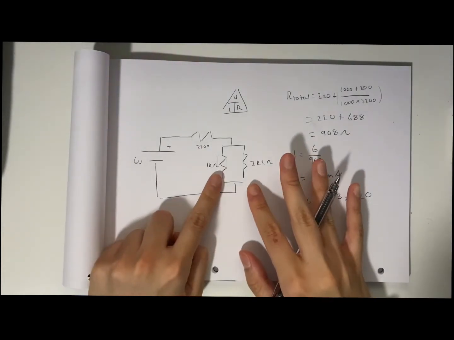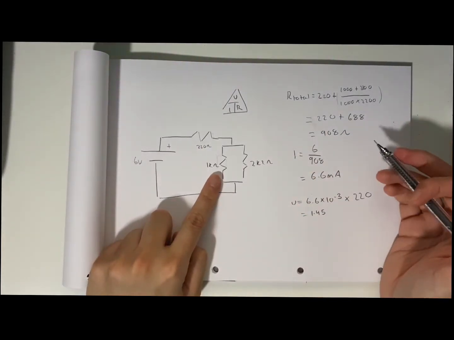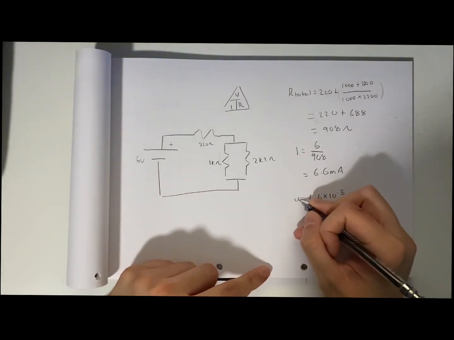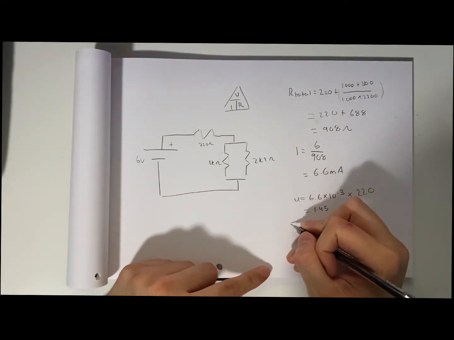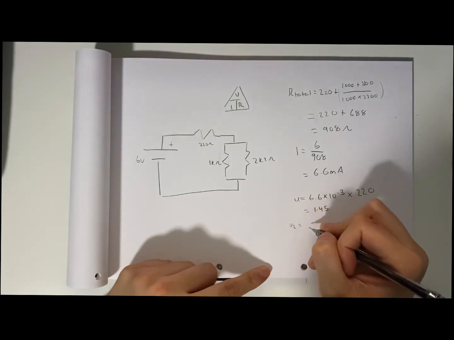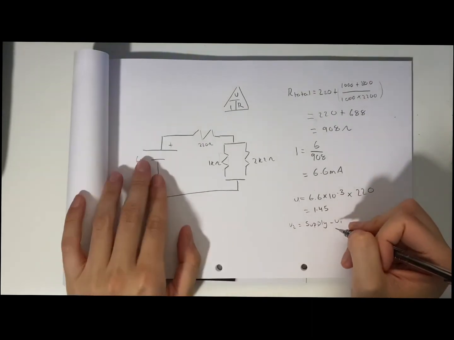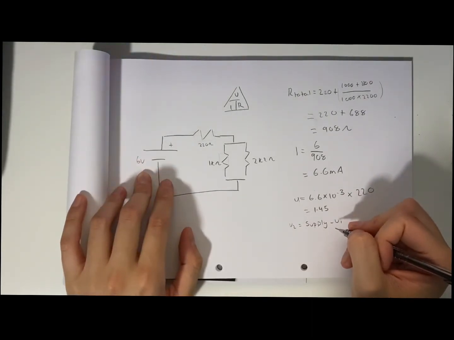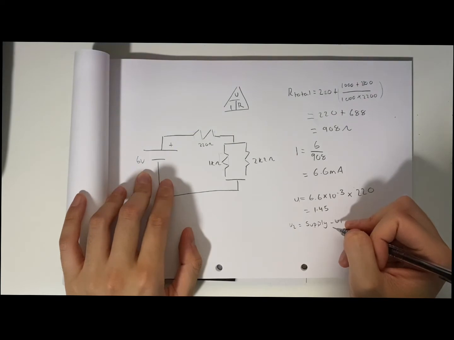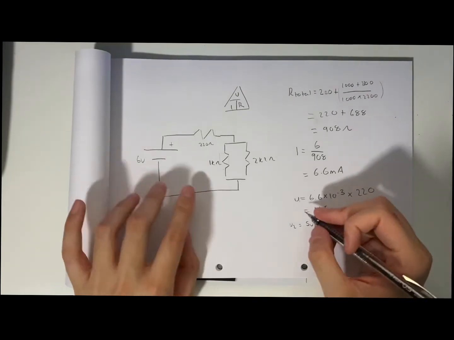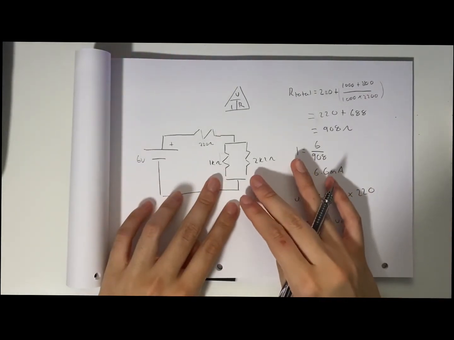Now we're going to find the power resistor. So to do this, let's call this V1, to get our V2, we get our supply minus V1. Now supply is 6 volts here, so we do that, we'll find the remaining voltage that's coming across these resistors.